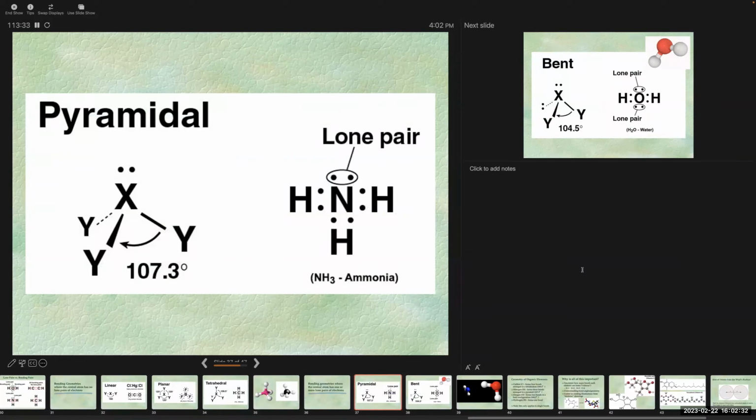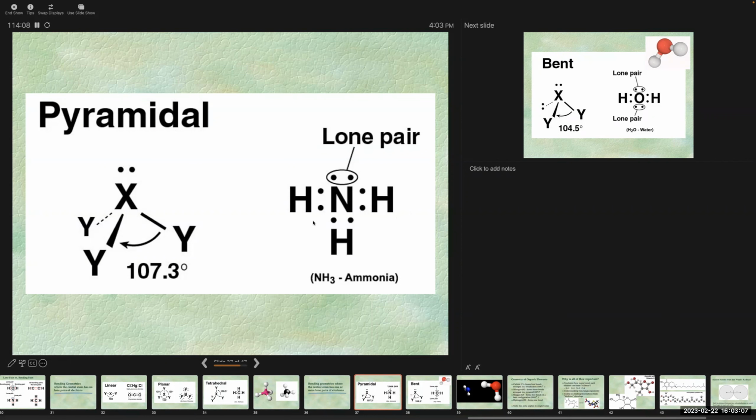So here is a geometry known as pyramidal geometry, where the atom in the middle has a lone pair. In this case, just one lone pair of electrons. So here's a great example of a molecule that has this pyramidal geometry. Ammonia, NH3.